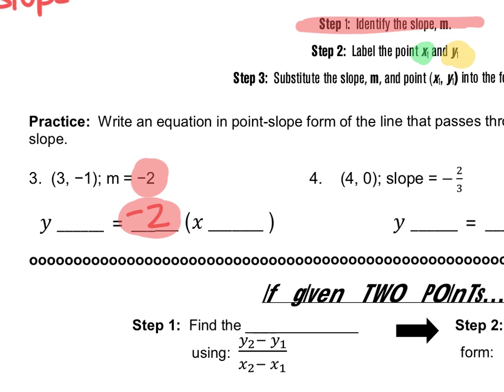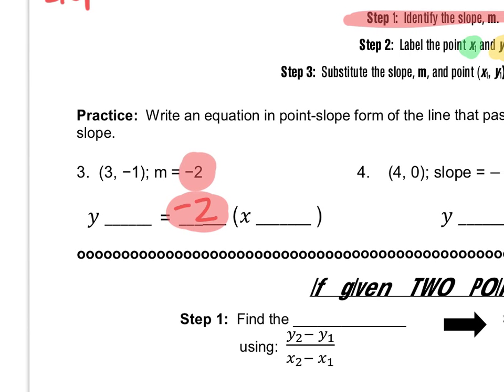So when I look at this point here, I have the ordered pair 3, negative 1. Remember that the first number is always x, the second number is always y. So that means in this case that 3 is x, and that's going to go in here, and that negative 1 is y, and that's going to go over here on the left-hand side, and now it's just our job to plug in the numbers.